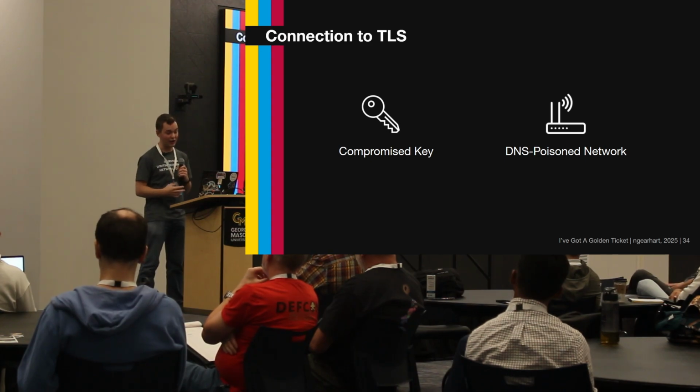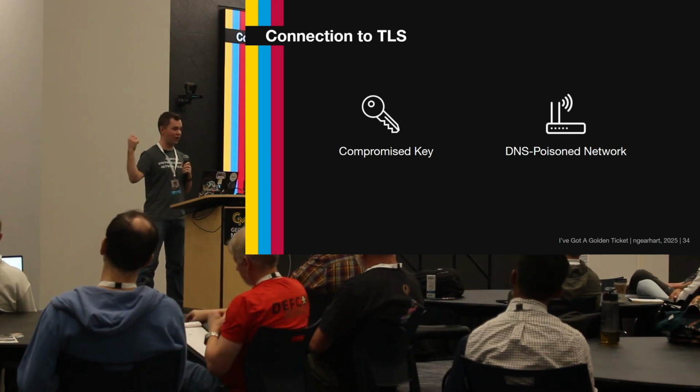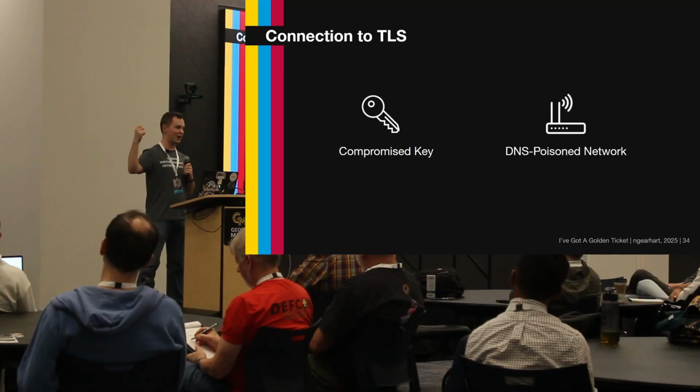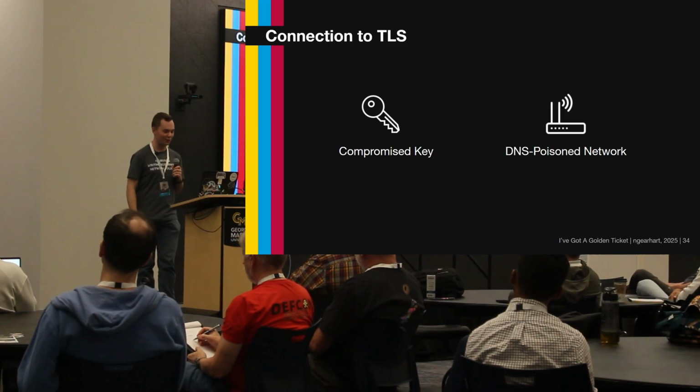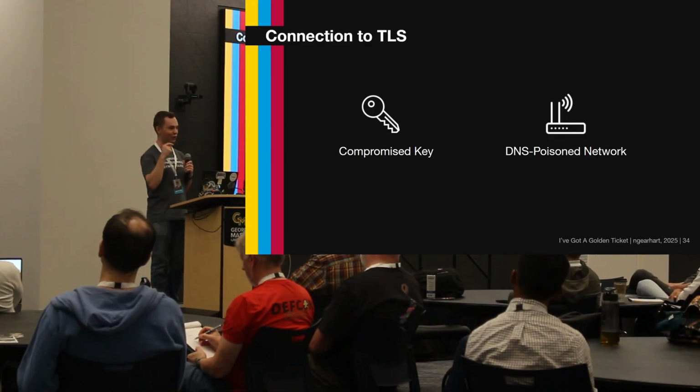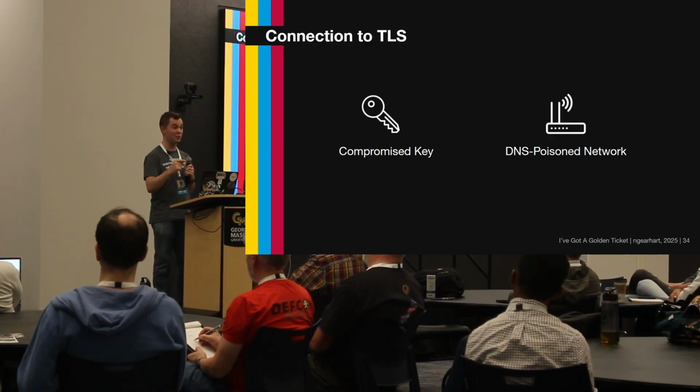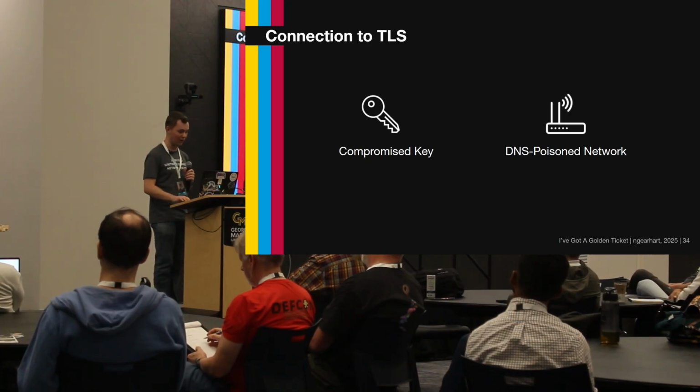If I set up a DNS poison network, if I whip out a pineapple and set up a network called Mason or BSides NoVA free Wi-Fi, maybe I know that one person here will go to a very specific website for whom I've compromised their key, and their browser will just accept it because it'll be a valid signed response at that point.